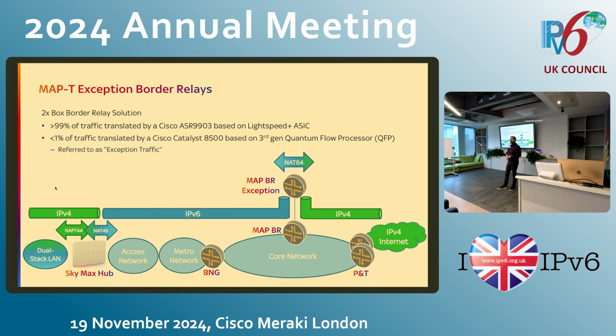The MAP border relay solution itself is actually a 2-box solution. We have the absolute majority of traffic being translated by a Cisco ASR 9903, which is Lightspeed Plus based. But there's a percentage of traffic that needs special handling and is punted off box to what we call an exception handling device, which is the Catalyst 8500.